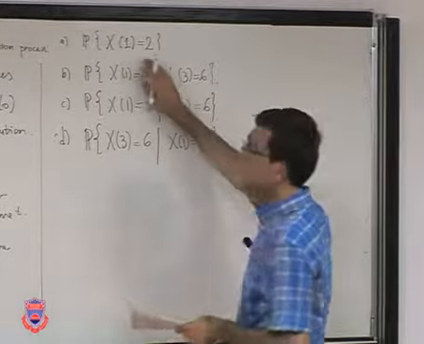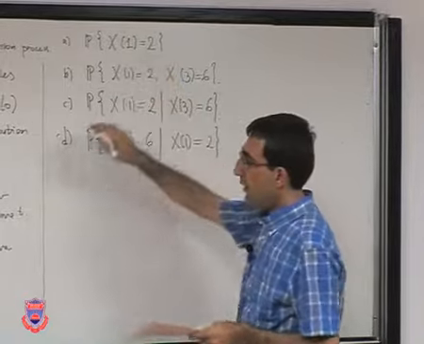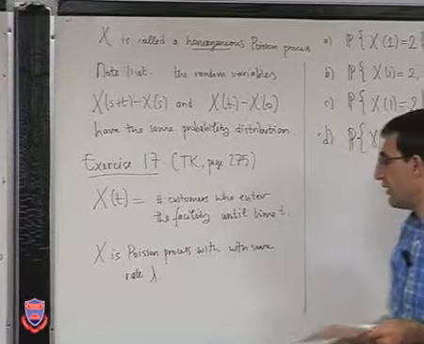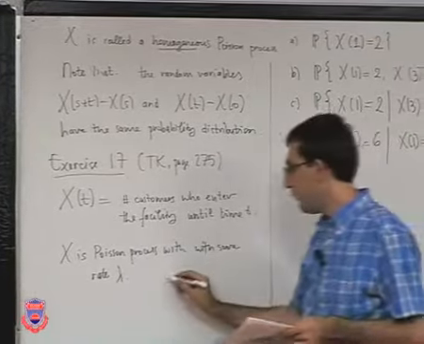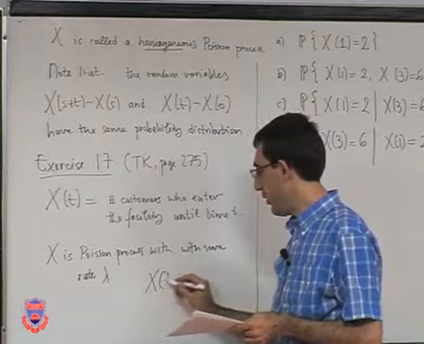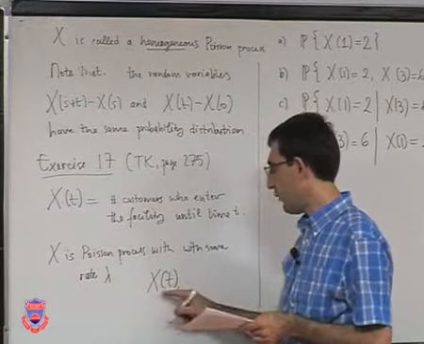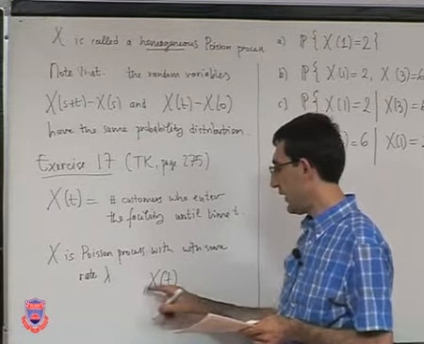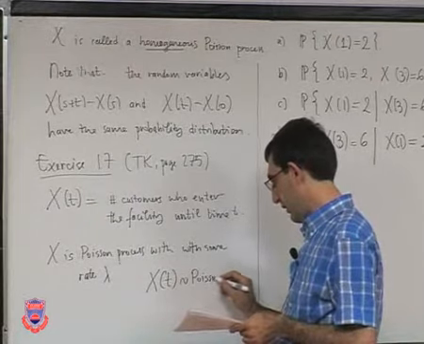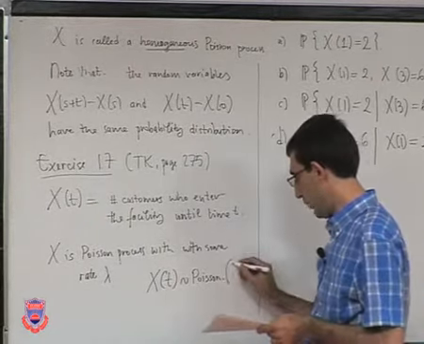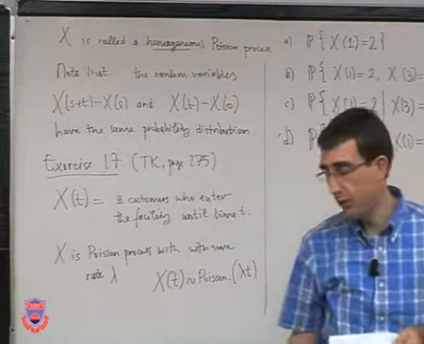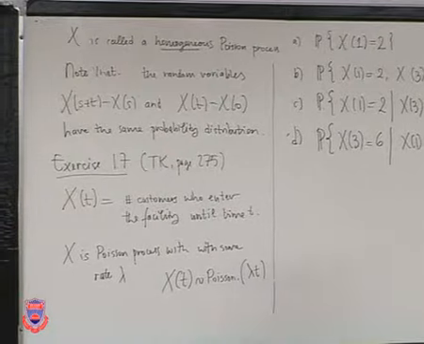The first one is easy, right? If X is a Poisson process with this given rate lambda, then what do we know? By the second defining property of Poisson process, at any fixed time t, X_t is a random variable having Poisson distribution with rate lambda times t. That integral from 0 to t becomes just lambda times t.